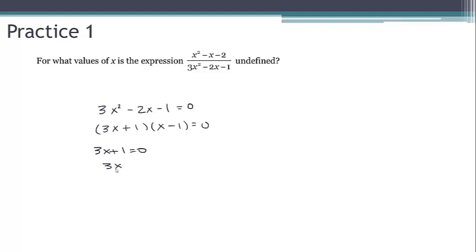That's 3x equals negative 1. x equals negative 1/3. And over here on this side, x minus 1 equals 0. That gets me x equals 1. So again, a quadratic polynomial in the denominator, and I got two values where this expression is undefined.